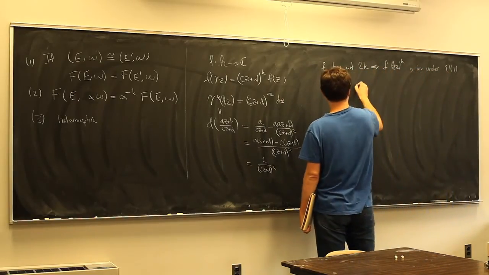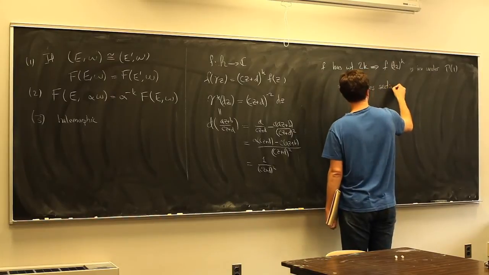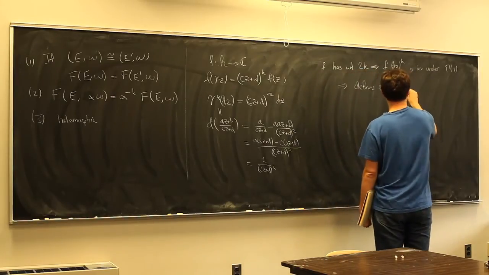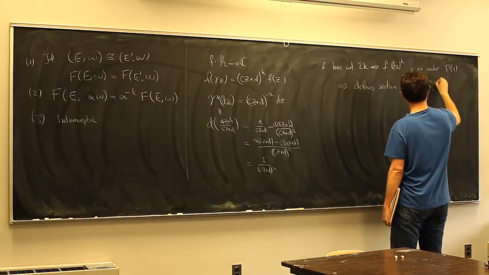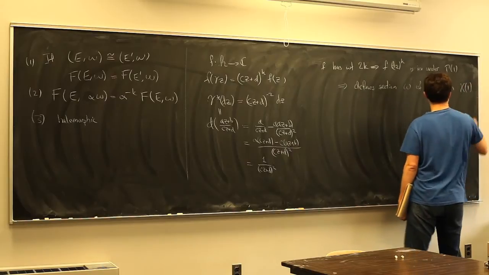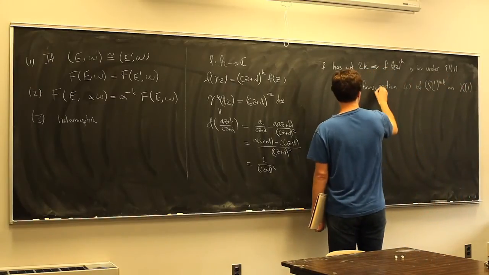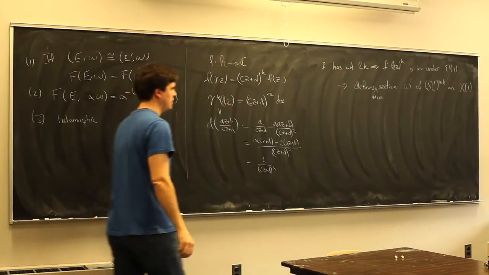And so that means that it defines some section, which I was calling omega, of the kth tensor power of omega 1 on X1. Well, it defines a meromorphic section. It might not be holomorphic.